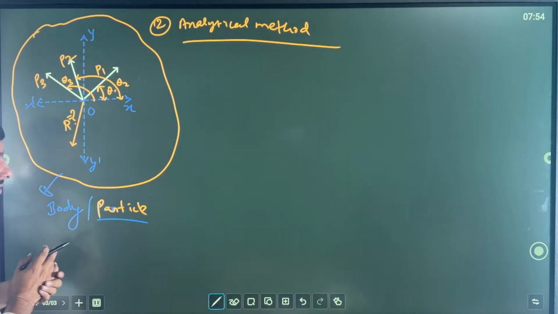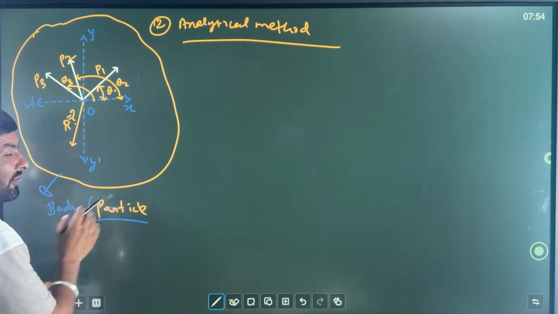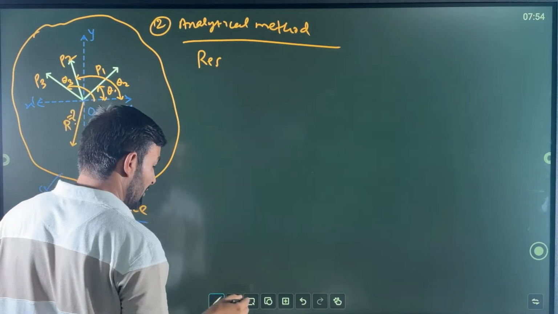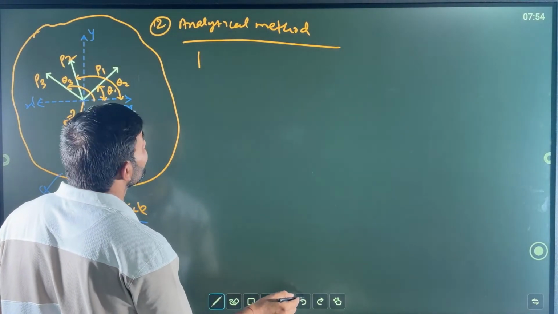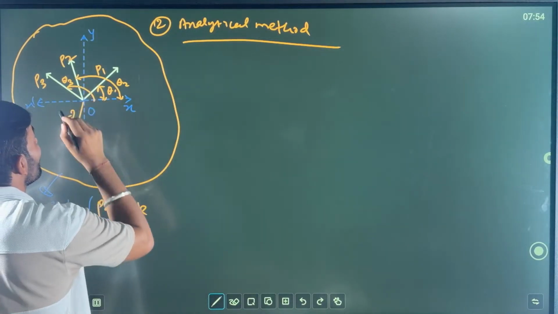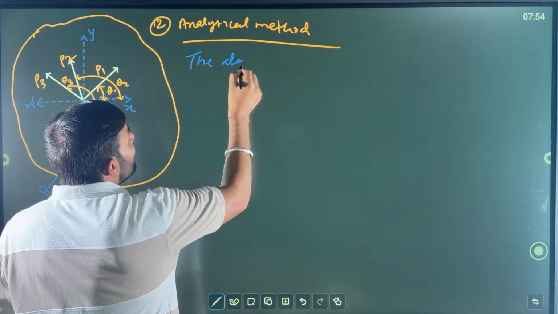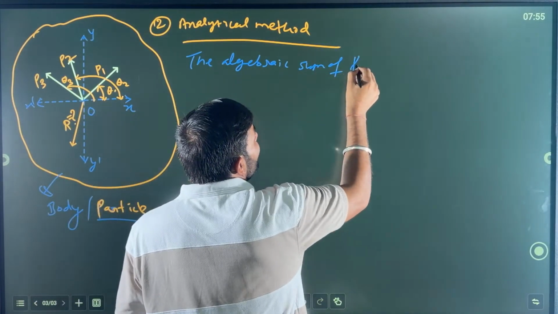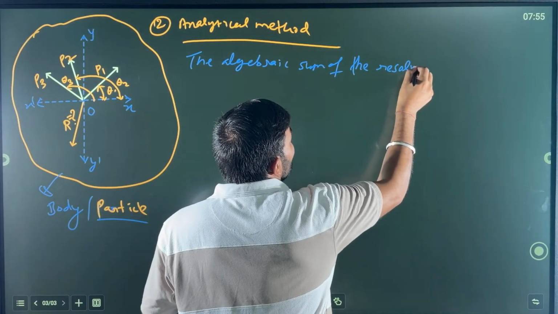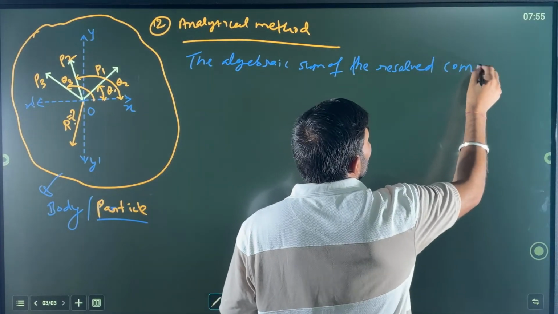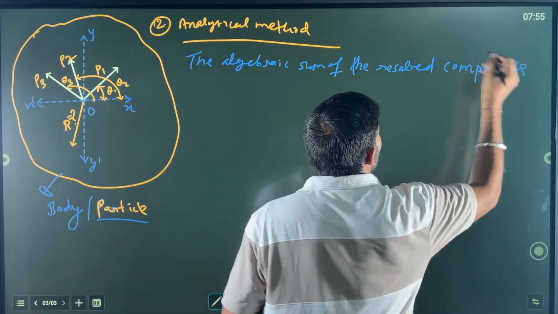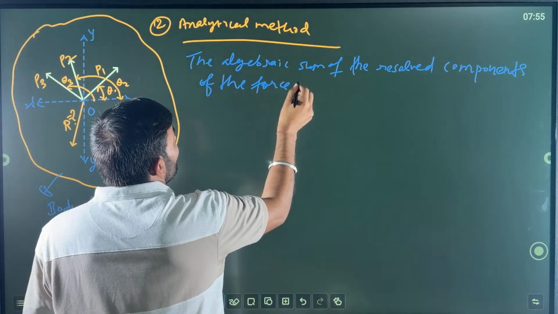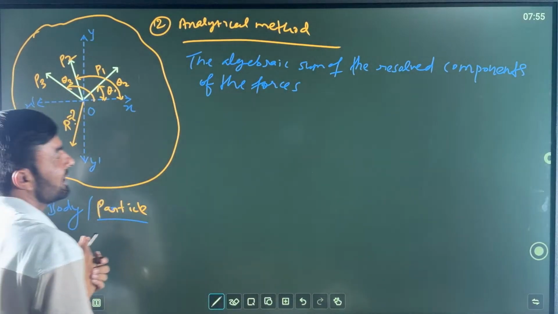The resolved component of the resultant along the OX direction will be equal to the algebraic sum of the resolved components of the forces P1, P2, P3, my dear friends.